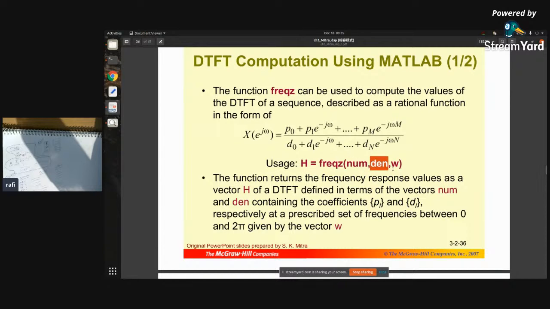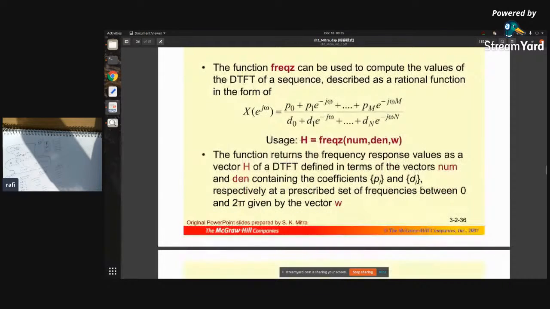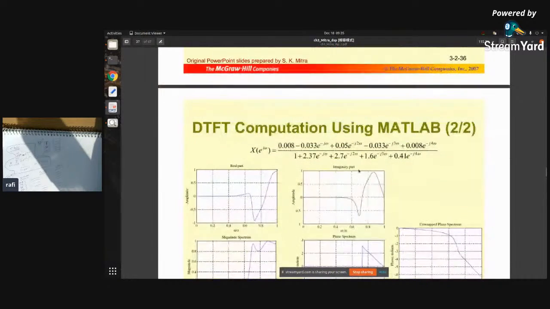The frequency values you want, like minus pi to pi divided into some 100 values, you also pass as an array to this function, and you will get H, and you can plot H.